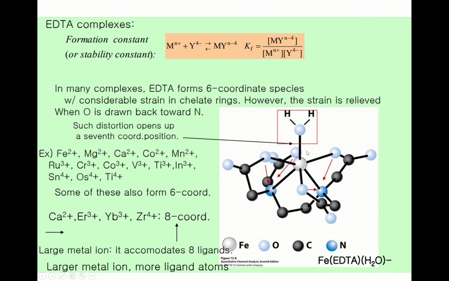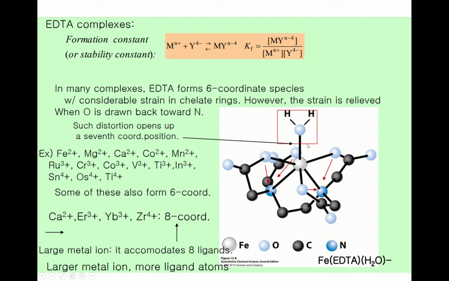This opens up a space, so in this open space one water molecule can bind to the metal ion. So in the iron complex with EDTA, actually one water molecule binds to this metal ion.